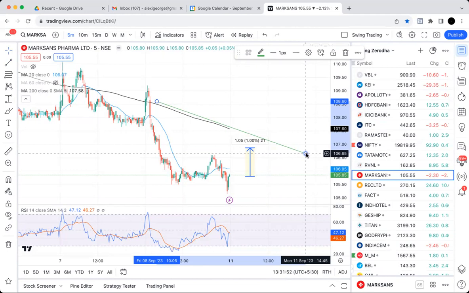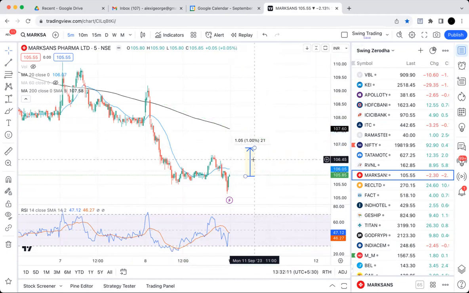If it does, the question is, how fast will this move up? That's another question. If this price continues sideways like this, then next thing you know, I will not make the 1%. So this is something that I would not enter. It looks good, but I would not enter this one because of this reason.